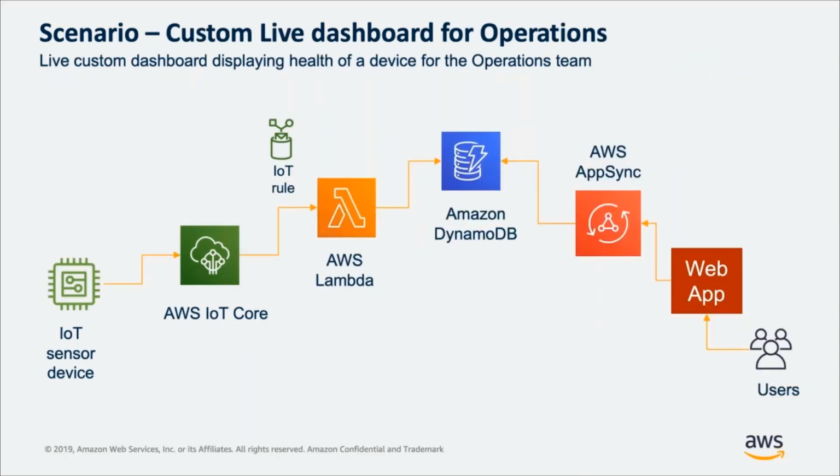Moving on to scenario number 4, this is a custom dashboard that is built. If you've noticed in the previous examples, I've used AWS services for the visualization pieces, whether it is QuickSight or Elasticsearch and Kibana. Now I have a web app that's demonstrated here with AWS AppSync, and I'll get to this piece. But as usual, the data is coming in with IoT Core.